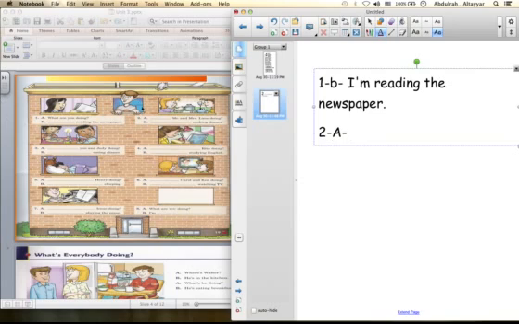So number two, A. What are you and Judy doing? So he asked him, what is he and Judy doing? Is the question gonna be what is you and Judy doing, or is it what are you and Judy doing? Yes, correct.